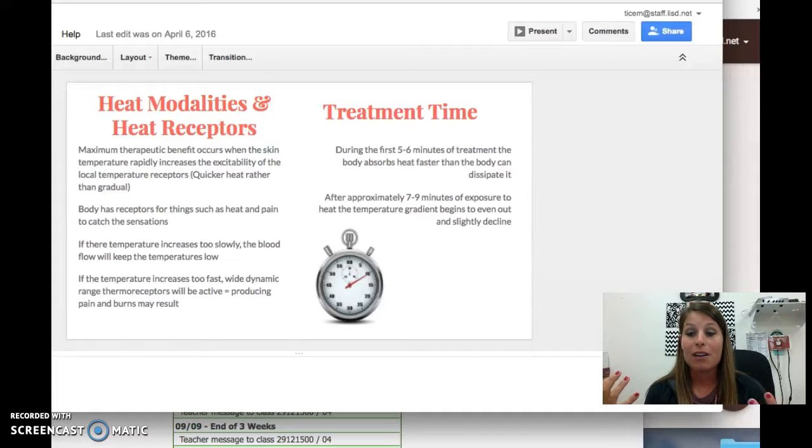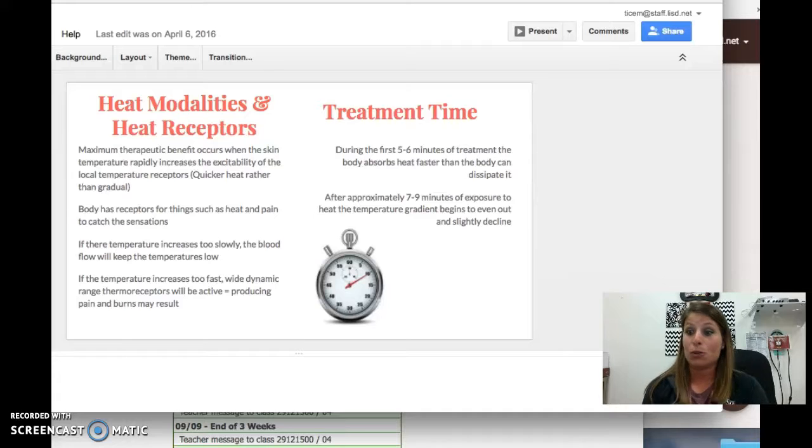So I think about a hot tub. If you're the kind of person that just puts your toe in and then the next toe and then your ankle and you're slowly getting in, your body's getting used to that. Well, if your body is getting used to it, you're not necessarily going to get the heat as deep down to the tissue that you need.